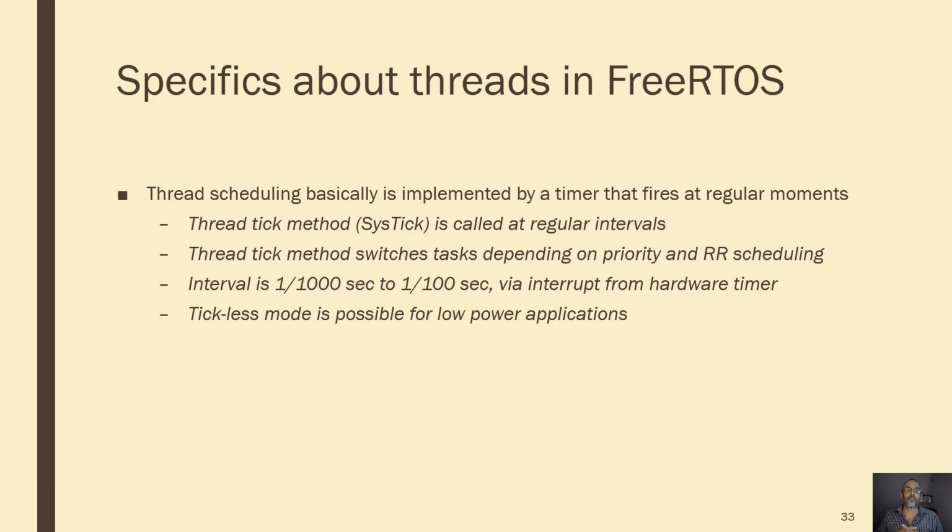It's of course configurable. For very low power applications, you can also make a system that does not have these ticks, so it runs the thread until it stops by itself, or until it by itself gives the processor to another thread. But that's only in special circumstances, which we will not talk about.